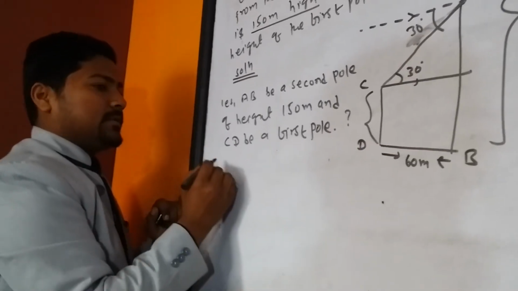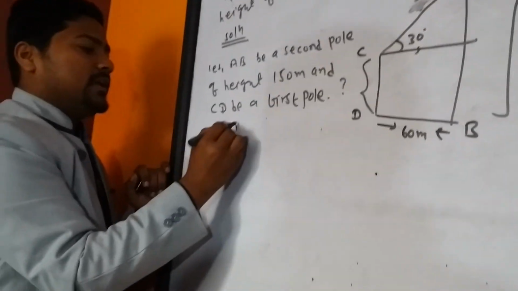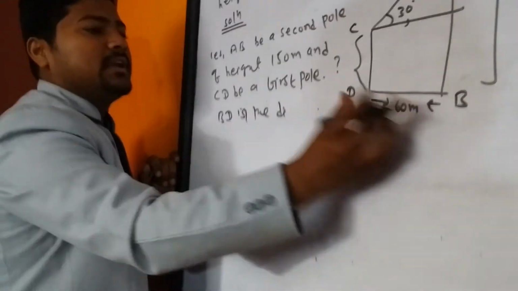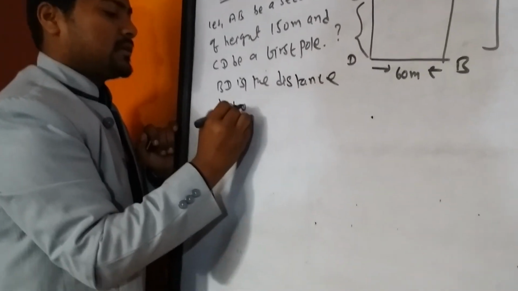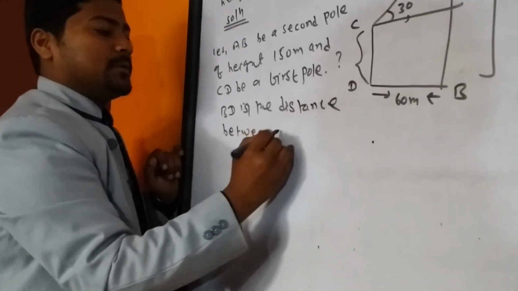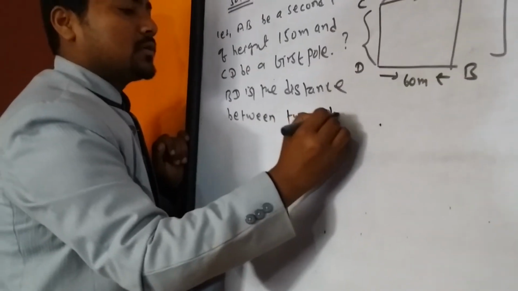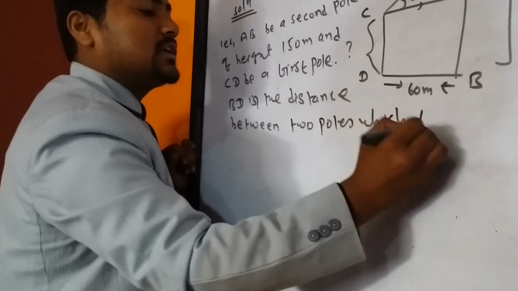Now the distance BD between the two poles is 60 meters.